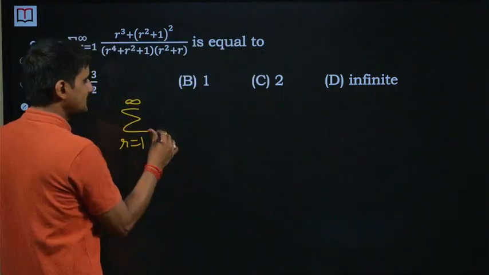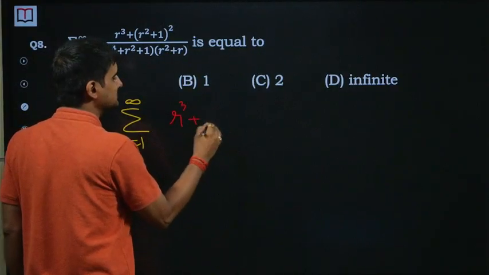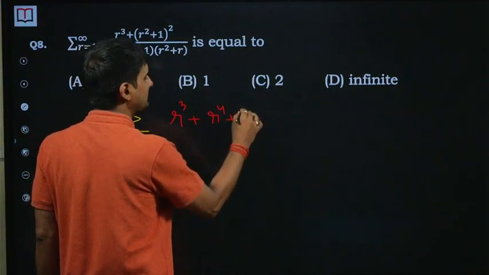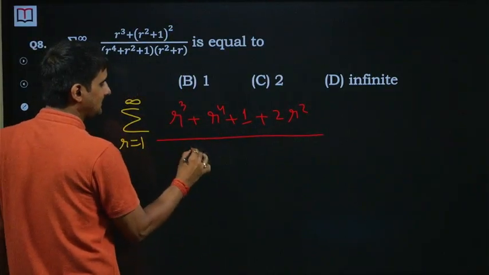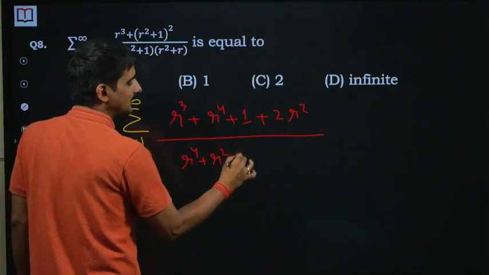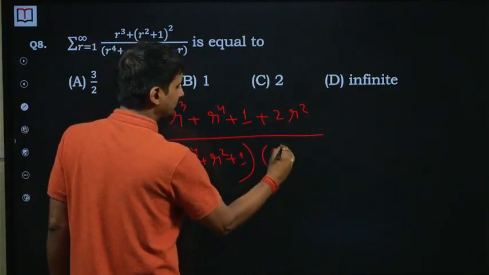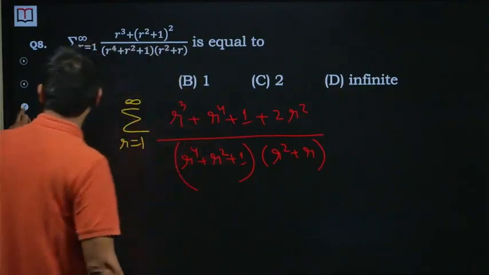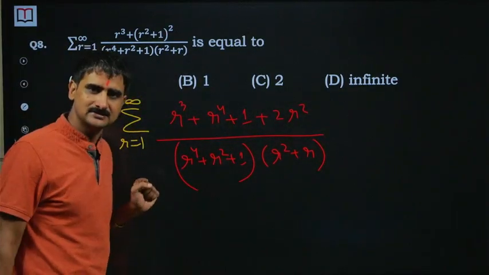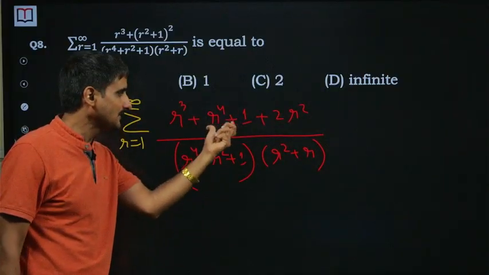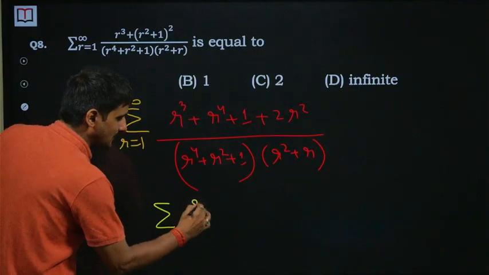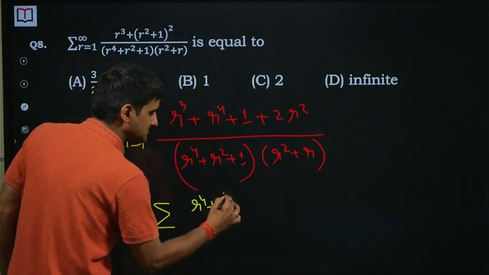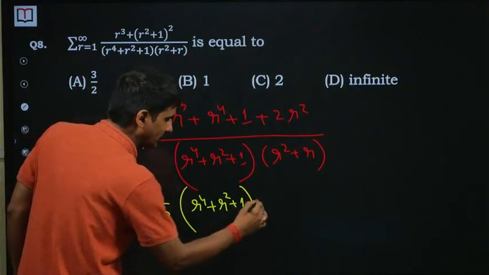And without thinking anything, I just opened the bracket because I couldn't find anything direct here. Then I realized, I think most of you would have got this question, that you have this term here, r^4 + r^2 + 1. So I just wrote it in two forms: r^4 plus r^2 plus 1. And what are we left with?